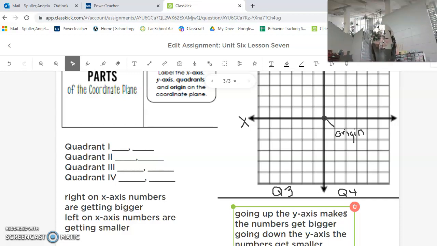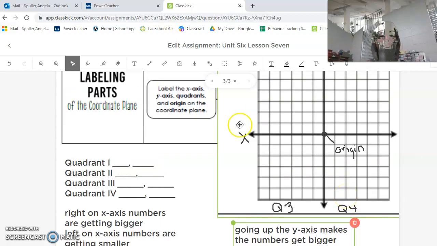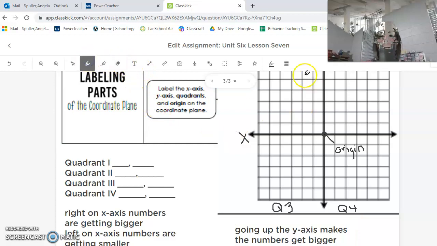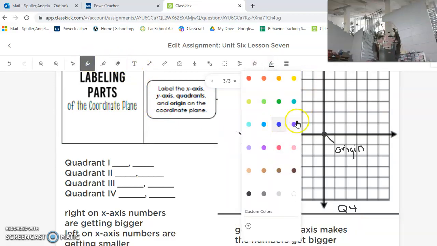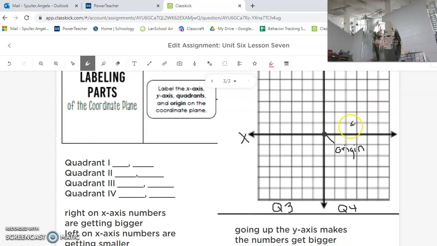To the left or going down, numbers get smaller. Now, here's what you need to know. If I go, and let me get a color you can really see. This one looks good. If I go this way, these numbers are what we call positive numbers, right? And that's going this way.